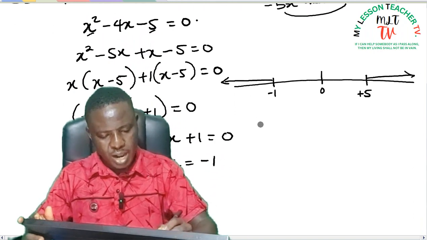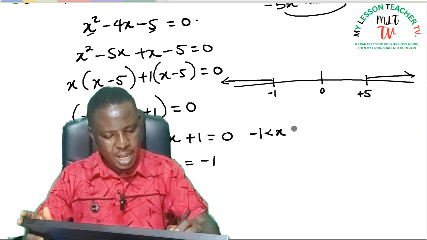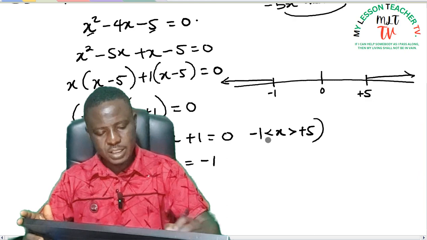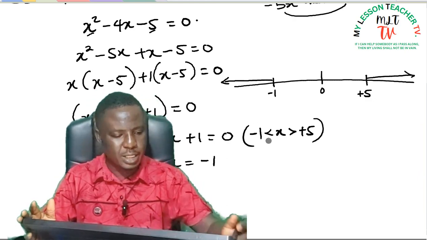So we have it that the solution now becomes x is less than minus 1, and x is greater than positive 5. So this gives us the solution to this inequality.